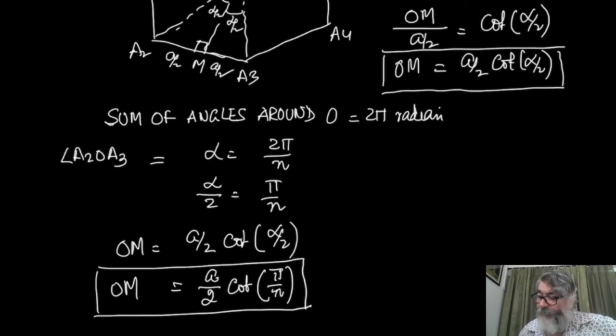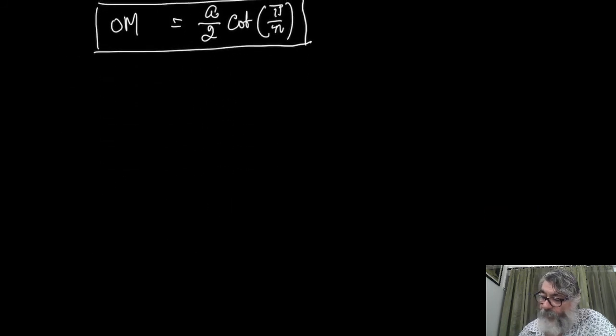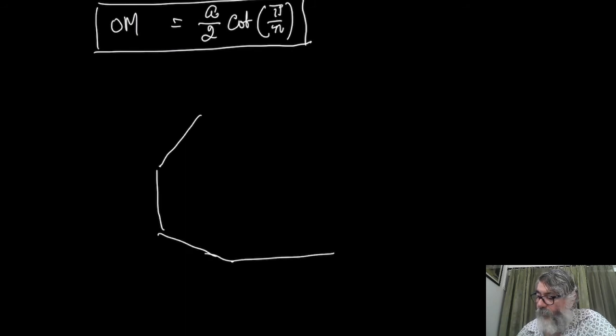Is that clear? Now let us calculate the value of OA2 in the same triangle. Let me make another figure and show you again. This is any polygon of n sides.